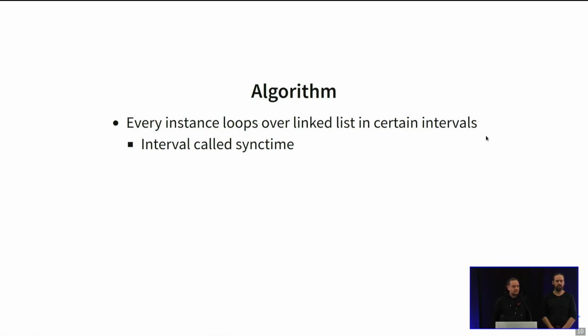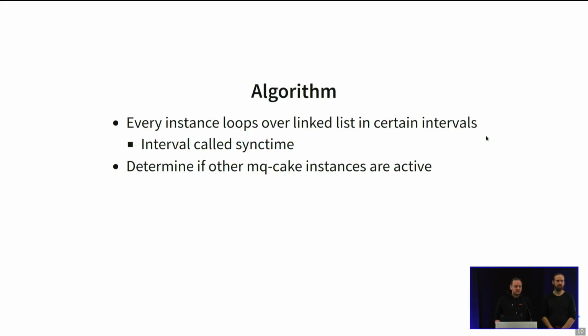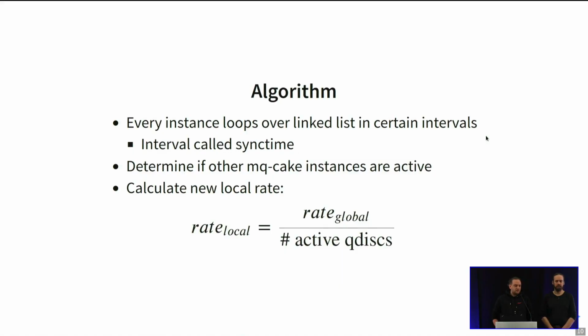We scan over this linked list at certain intervals, and this interval we call the sync time. During the scan, an MQ-Cake instance determines whether another QDisc is active or not. Based on the active count of its siblings, we take a heuristic approach to calculate the local rate limit for one MQ-Cake instance, which is just the global rate divided by the number of active QDiscs we found.